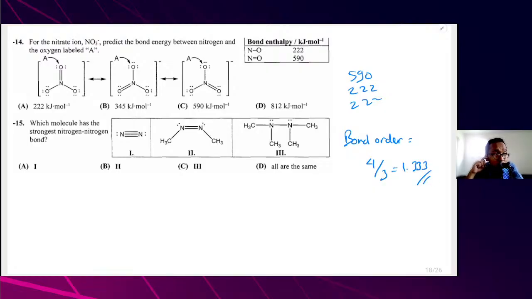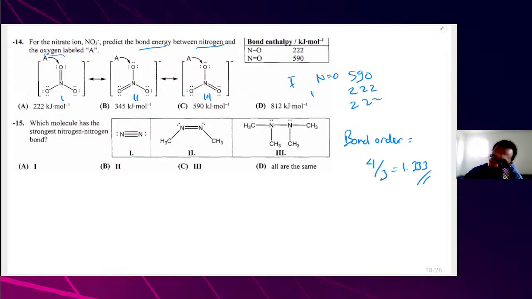Now, predict the bond energy between nitrogen and oxygen, level A. As you can see, this is the NO, and I label it 1, 2, 3.